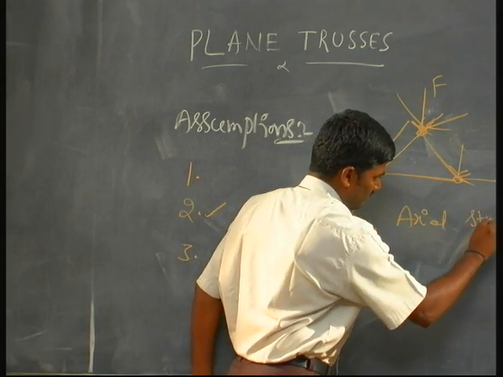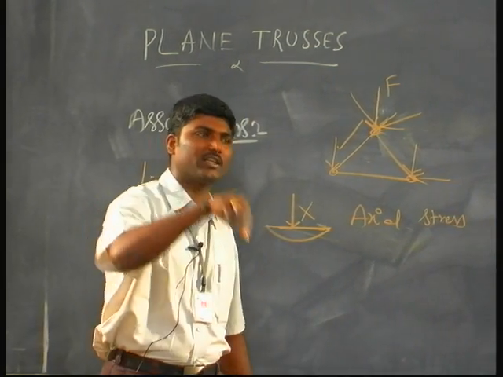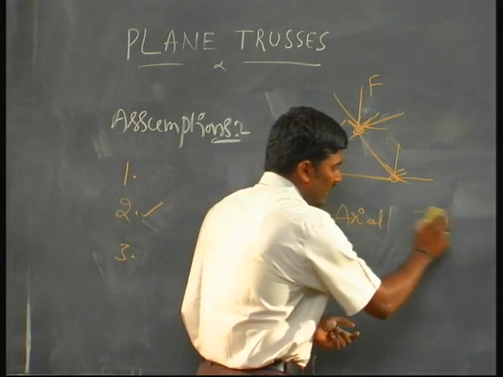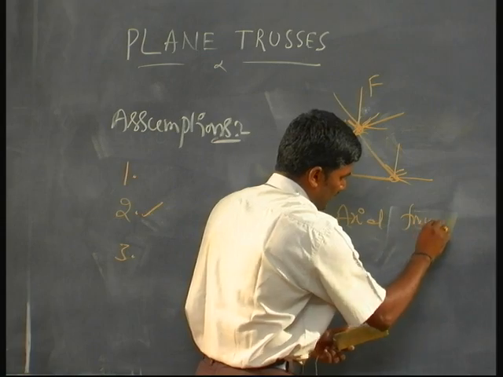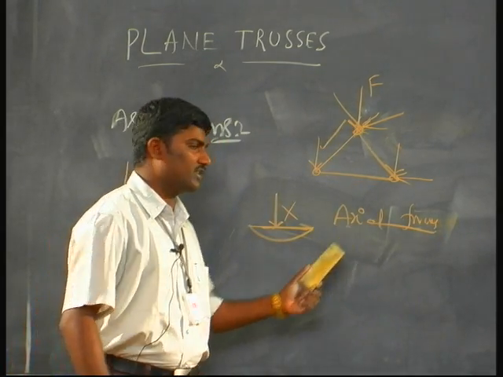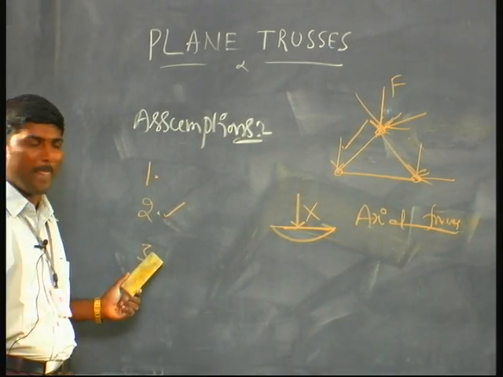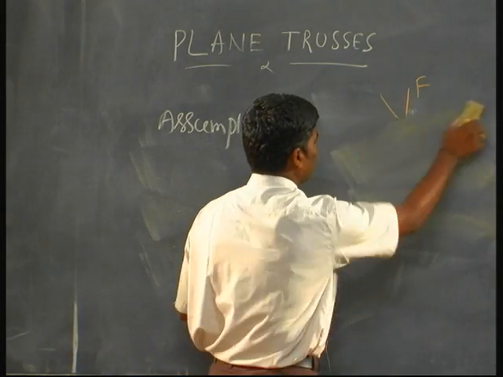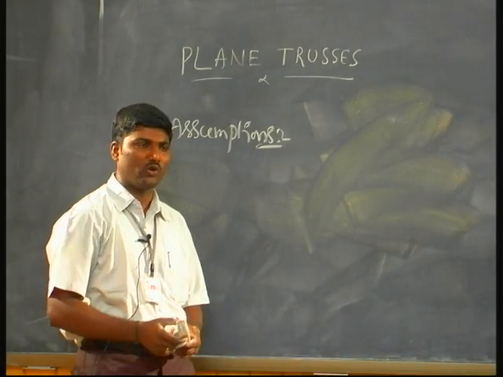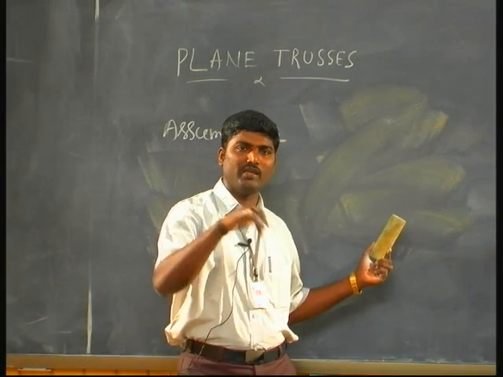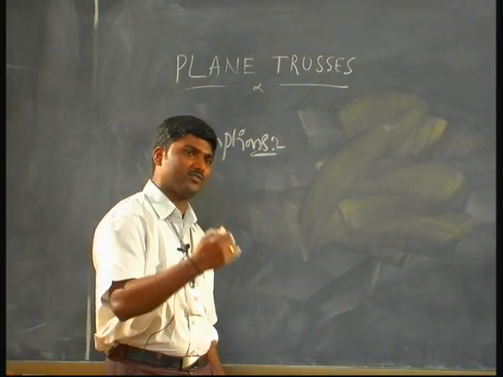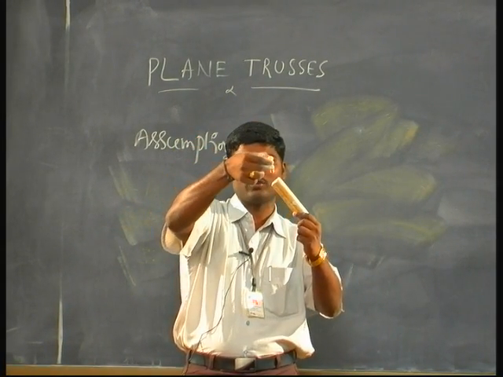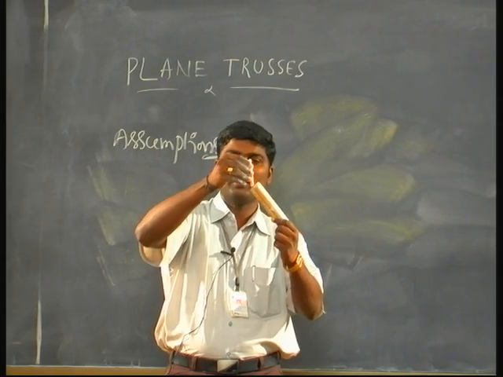Because of axial loads, normal stresses will develop because of the axial forces. That is why this is the third assumption. So the load should be applied only on the hinges, and that load should also be in the plane of the truss. It should not be in another plane.